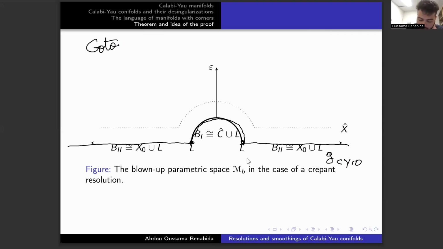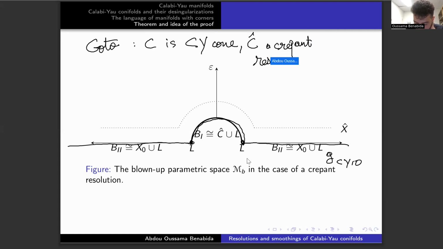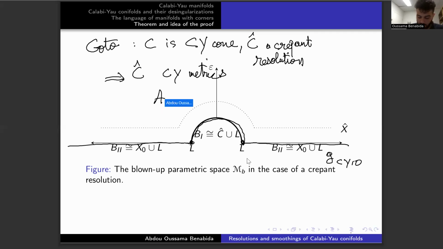So if C is a Calabi-Yau cone, and C hat is a Crepant resolution, then C hat has Calabi-Yau metrics, which, this time it's not conical, it's asymptotically conical, which means they look like the conical metric of C near infinity.